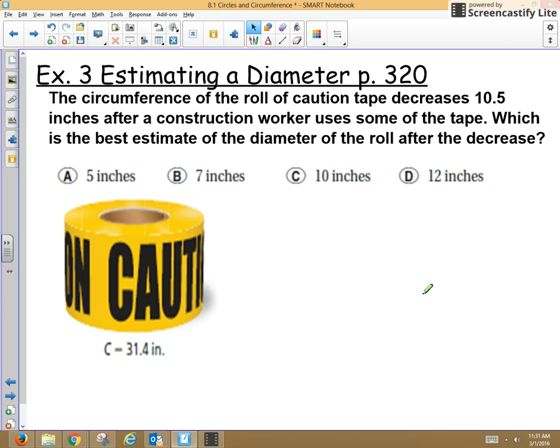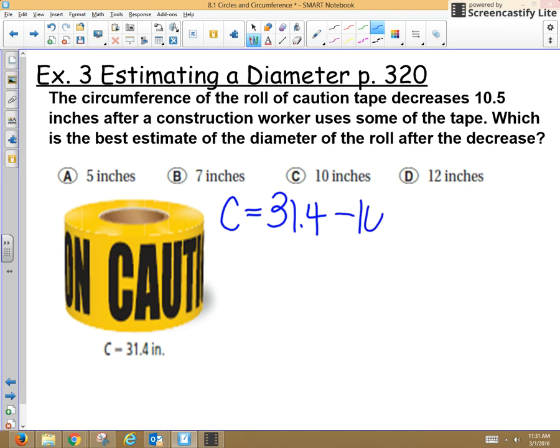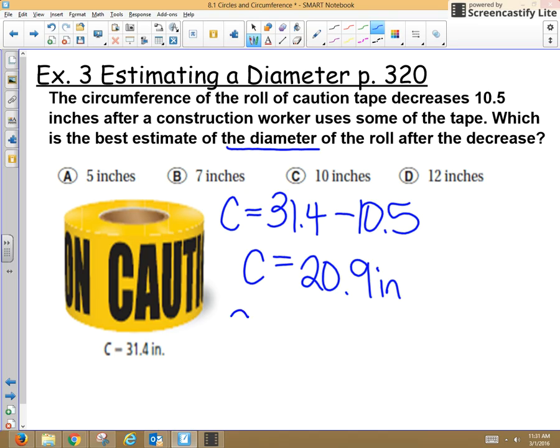So we know the circumference started out at 31.4, but then they used some of the tape, so we subtract the 10.5 that they used. So now the new circumference is going to be, let's do the subtraction here, about 20.9 inches long. It's not asking us to find the circumference, it says find the diameter, and it wants us to estimate. So to do this, we know the formula for circumference is pi times diameter.